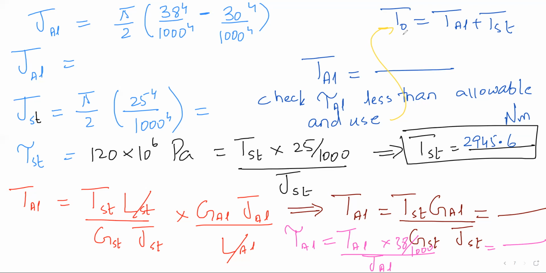Power 4 divided by 25 over 1000 is equal to T S. Okay, let's do it together. 120 into 10 power 6, bracket close, into pi divided by 2 into bracket close, 25 divided by 1000 power 4, bracket close. Okay, what did you get? So divided by 25 into 1000.